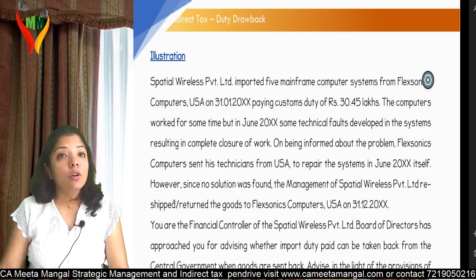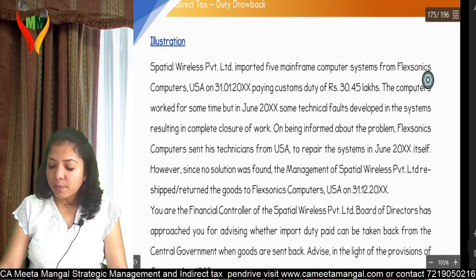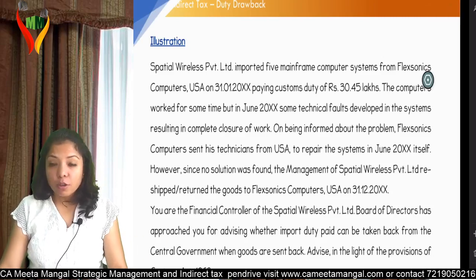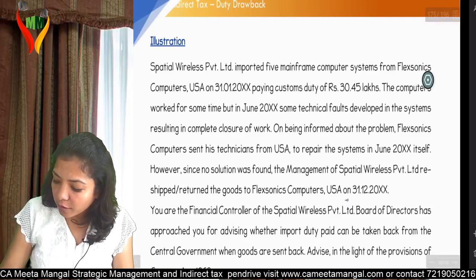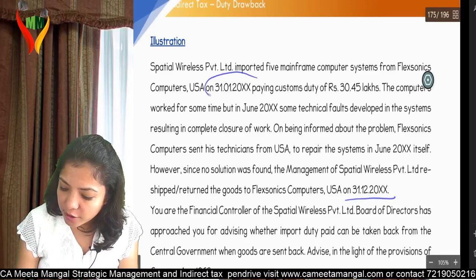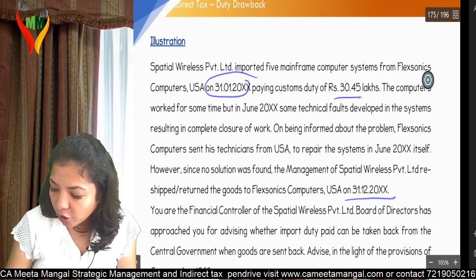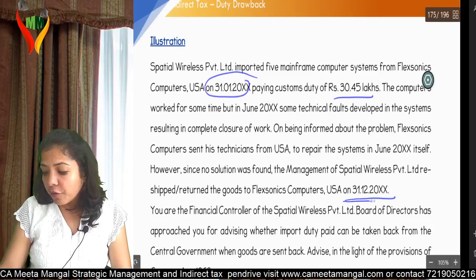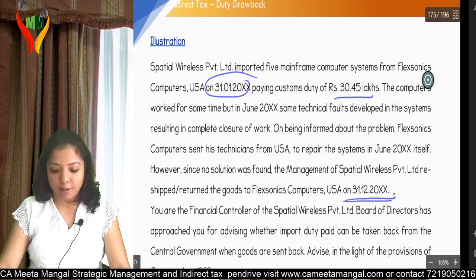However, since no solution was found, the management of Spatel Wireless Private Limited reshipped the goods to Flexisonics on 31st December. I had imported on 31st January, paid duty of 30.45 lakhs, and on 31st December it was exported back.